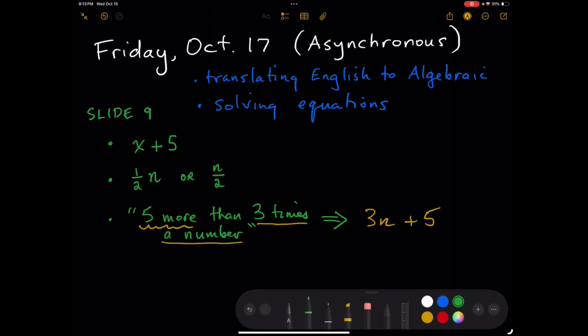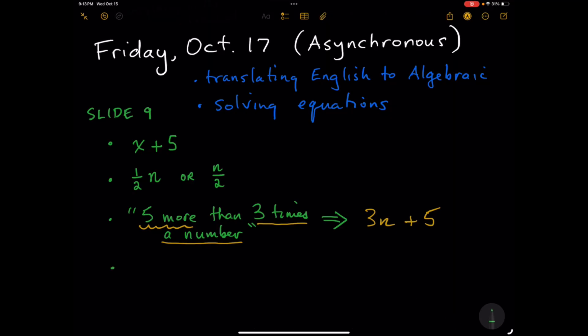Next example on the slide is 6 less than the product of 2 numbers. Let me write that down, 6 less than the product of two numbers.